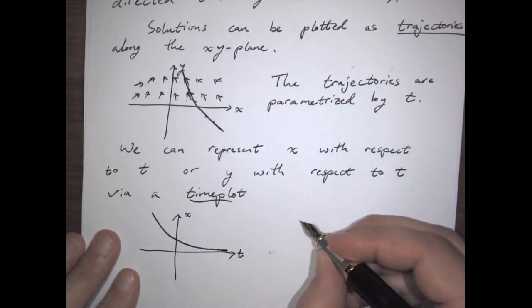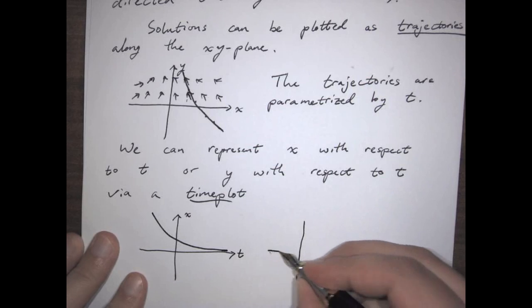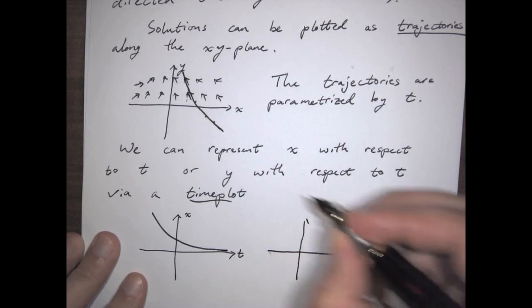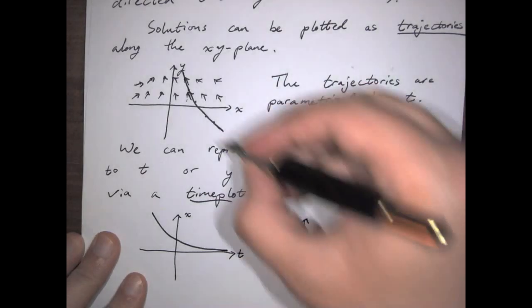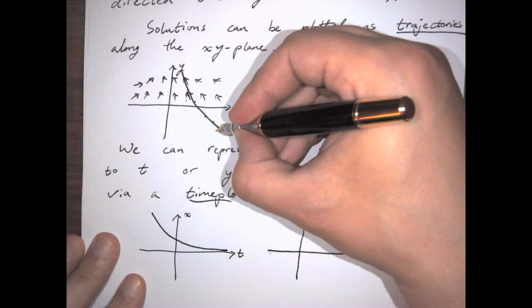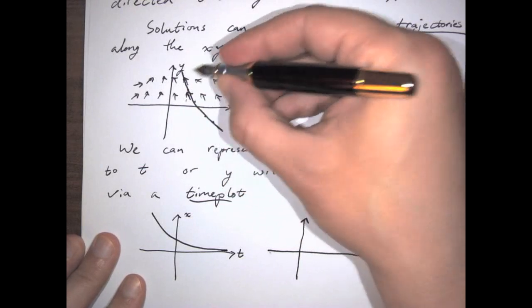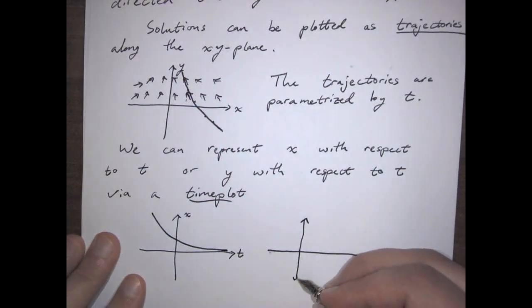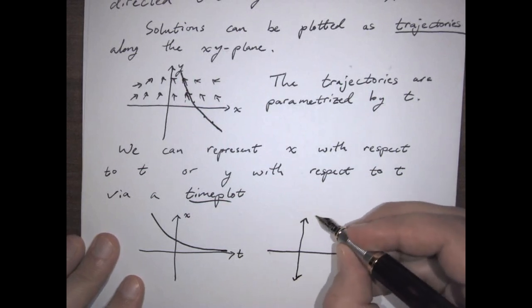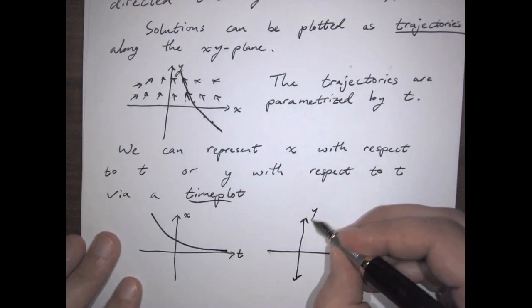And conversely, again, if we take this case, we have y values that are starting off negative, growing, and becoming positive. So then maybe our y values are doing something like this.